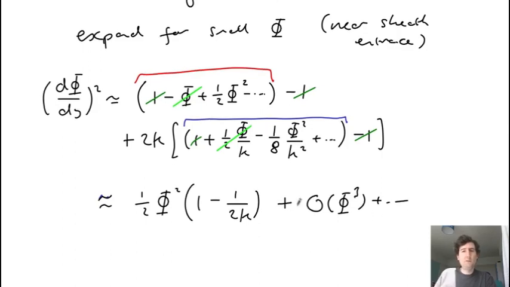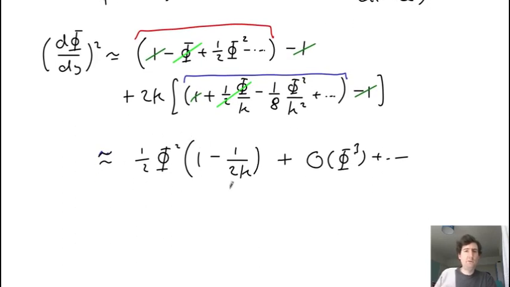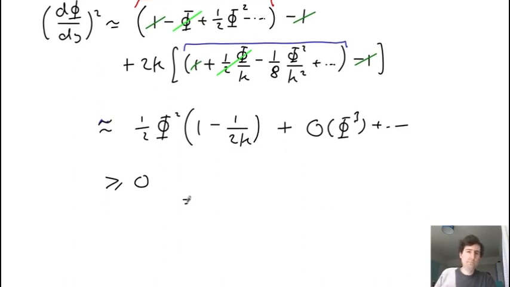These also turn out to be positive, but to make sure that this is positive, remember this must be greater than or equal to 0. The main thing is to make sure that this part here is positive, so phi squared is positive here. And so k must be larger than a half. So k is greater than or equal to half in order for this to be positive.